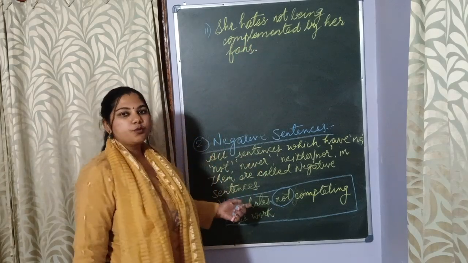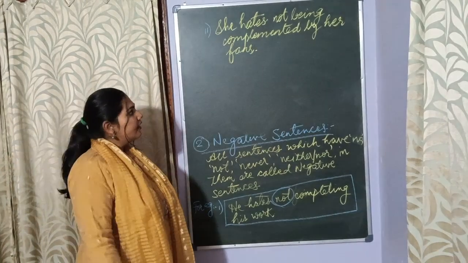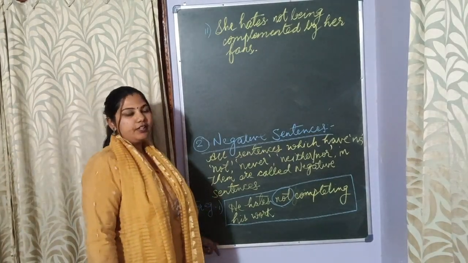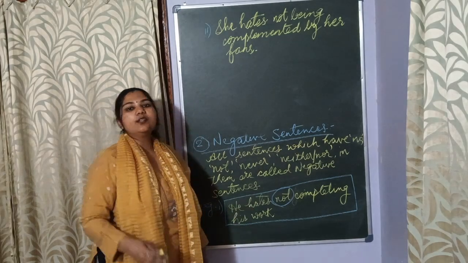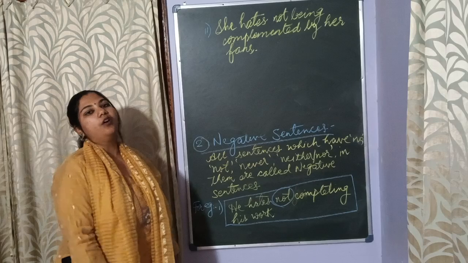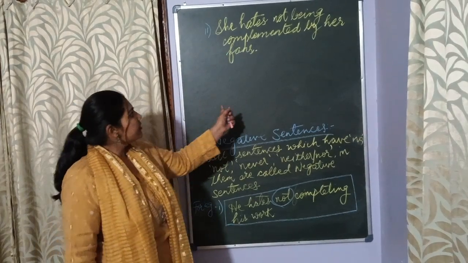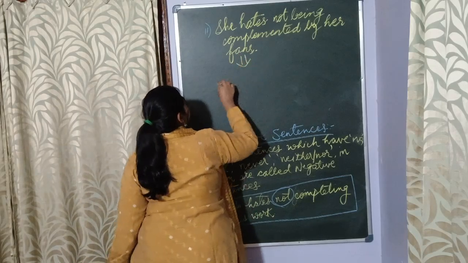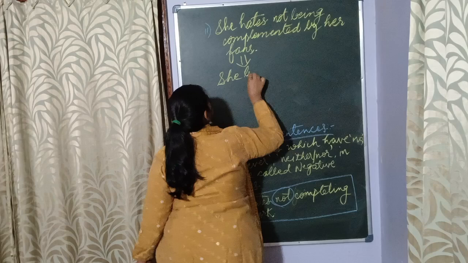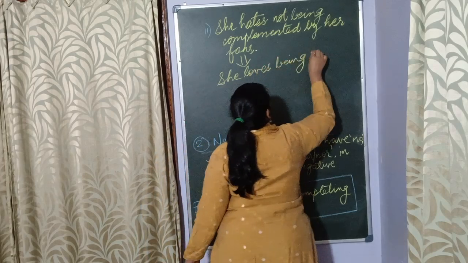Let's assume there is a superstar and she is slightly high-headed and she hates it when her fans do not compliment her. That is, she is constantly seeking the approval, the appreciation of her fans. That will be the meaning of this sentence. So she hates not being complimented, which implies she loves being complimented.